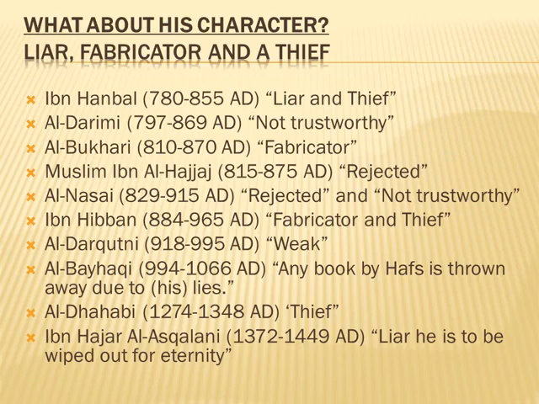Ibn Hibban said he was a fabricator and a thief. Ad-Darqutni said he is weak, and Bayhaqi said any book by Hafs is thrown away due to his lies. Al-Dhahabi called him a thief. Ibn Hajar al-Asqalani in his Tahdhib al-Tahdhib, Volume 2, page 21, said Hafs is a liar, he is to be wiped out for eternity.